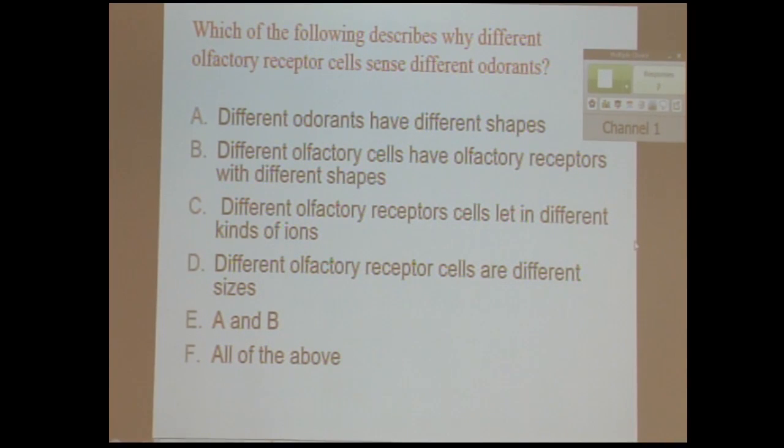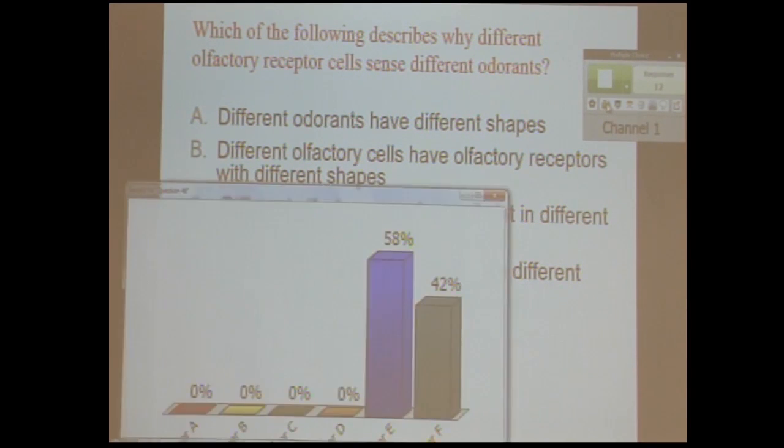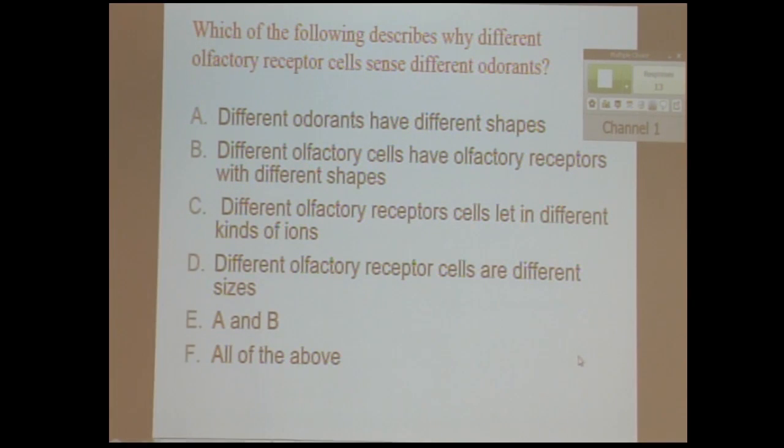All right, final votes. All right, still almost tied. So the answer is E, A and B. So basically everybody agrees that A and B are right. It's just a matter of whether C and D are too.